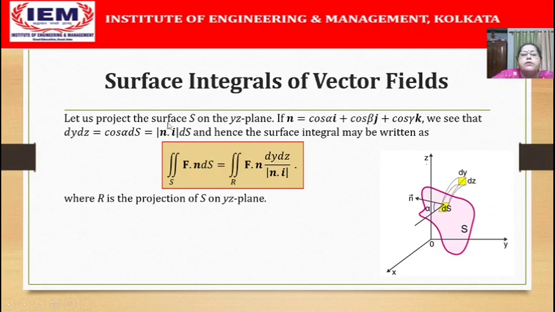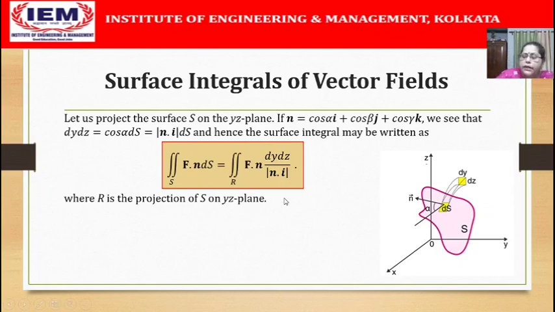And we take a modulus sign to guarantee that we have a positive sign because we are talking about surface elements. And now the surface integral f dot n dS will be given by this expression because now we replace dS by dy dz divided by modulus of n dot i. And we integrate now over the region R, where R is the projection of S on the yz plane.